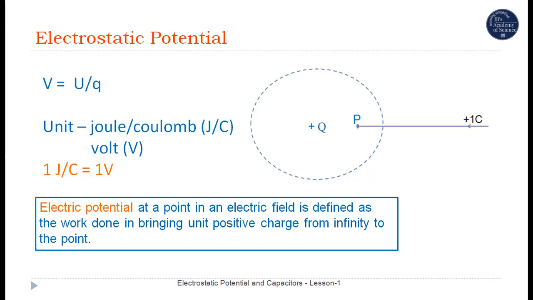We are bringing a unit positive charge from infinity to this point. The work done in bringing this unit positive charge from infinity to this point P is the electric potential or electrostatic potential at the point P. Remember, the electric potential energy unit is joule. The electric potential unit is joule per coulomb, or volt.